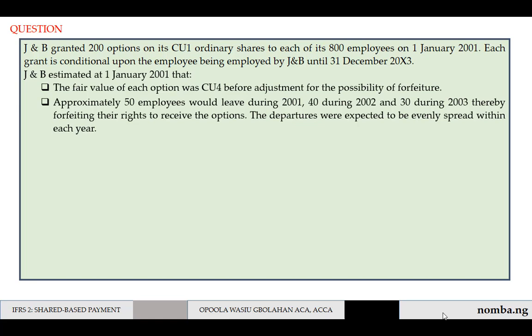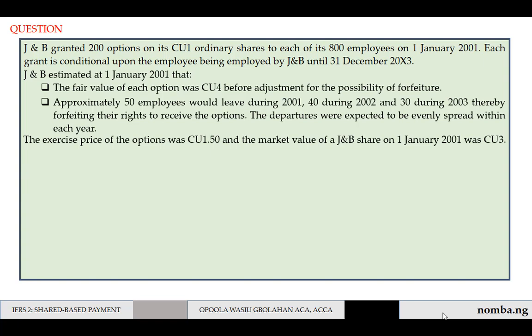The departures were expected to be evenly spread within each year. The exercise price of the options was 1.5 currency units, and the market value of J and B shares on 1st January 2001 was 3 currency units.